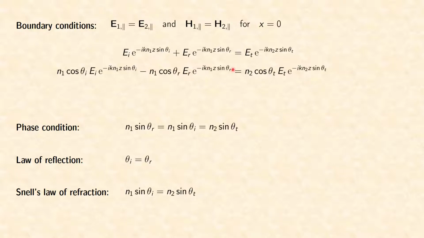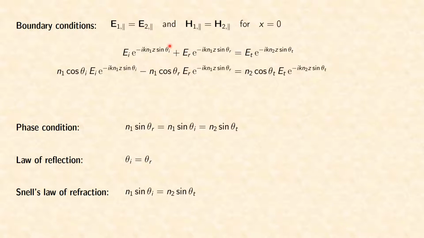So now we end with two equations, and these equations are complex equations. However, the equations must be valid for any incident plane wave, so for any amplitude and any incident angle.